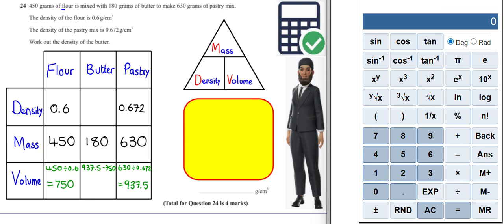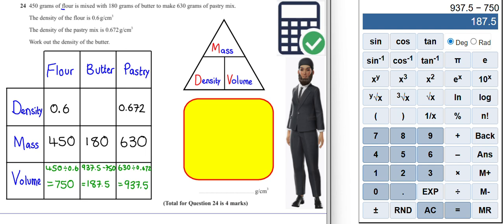So it'll be 937.5 minus the 750. Please do make sure you're writing this down as you're calculating it out, which gives us a volume of 187.5 centimeters cubed.